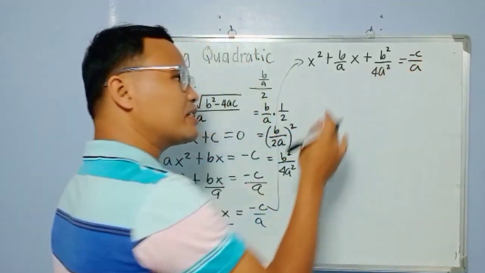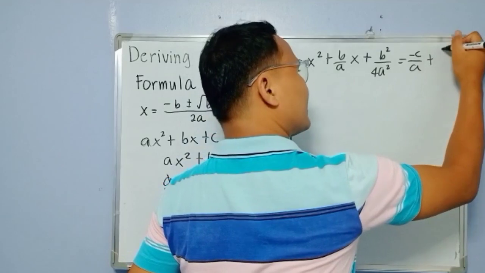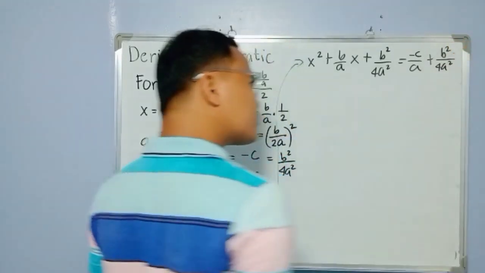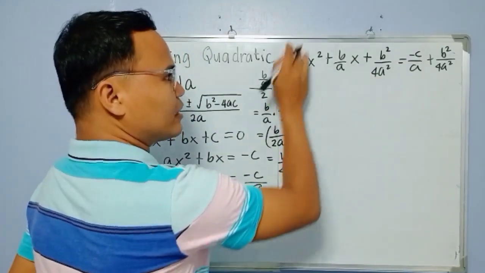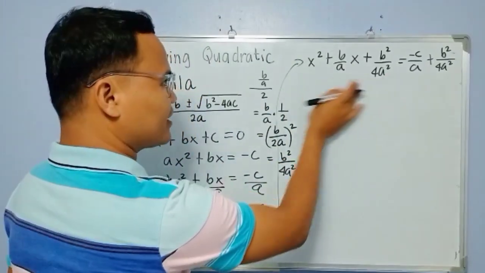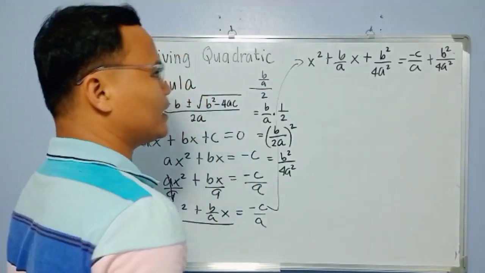Since you add b squared over 4a squared on the left side, also add on the right side b squared over 4a squared. This is now called a perfect square trinomial, and a perfect square trinomial can be expressed as a square of a binomial.